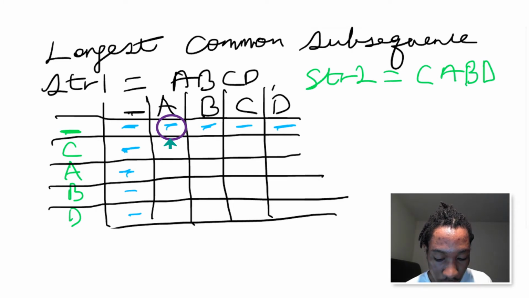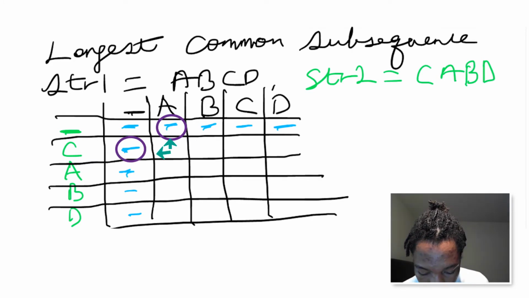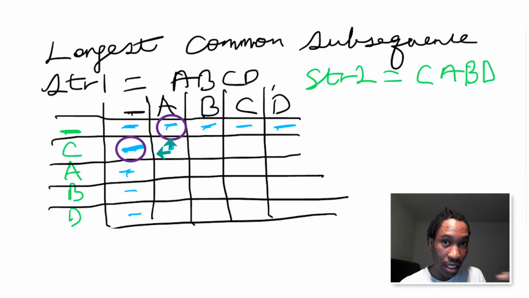The longest common subsequence without C is empty string. And then we look to the left of us, and we ask ourselves, what's the longest common subsequence without A? So when we're looking to the left, it's like we're removing A from the comparison. And when we're looking to the top, it's like we're removing C from the comparison.